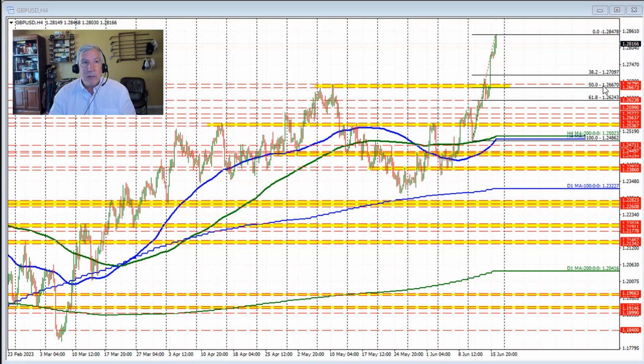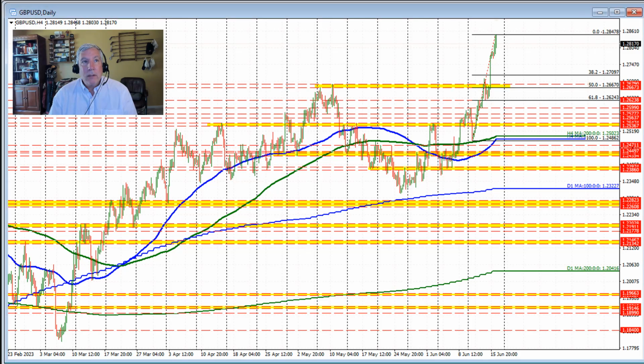The 50% retracement level comes near this swing area right through here at 126.67, and this area right here would be a level that if it were to go below that level, that would increase the bearish bias a touch, give the sellers more control, give them more confidence to the downside.